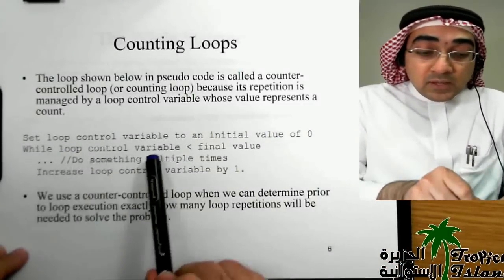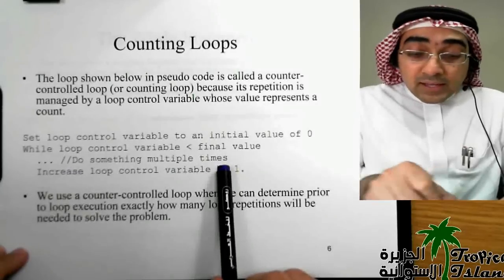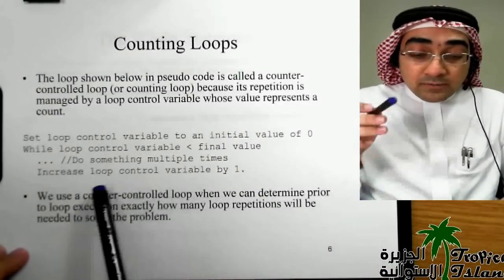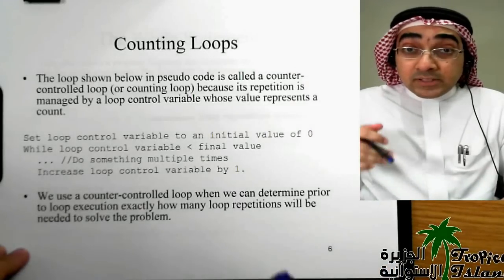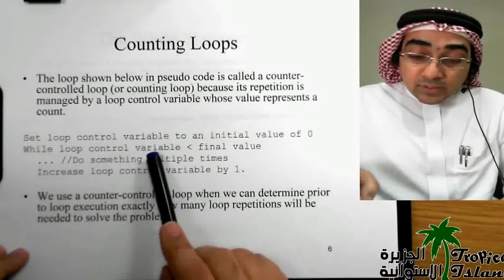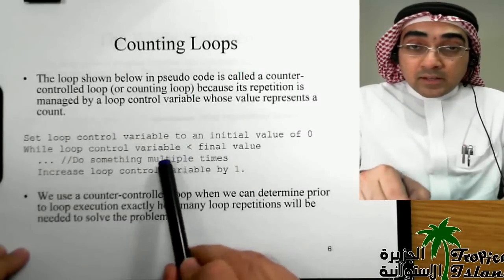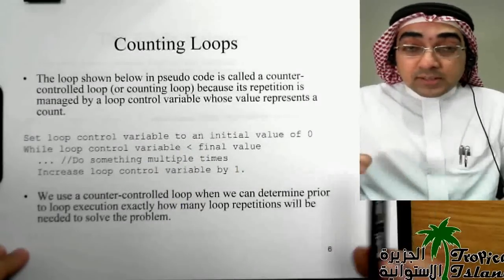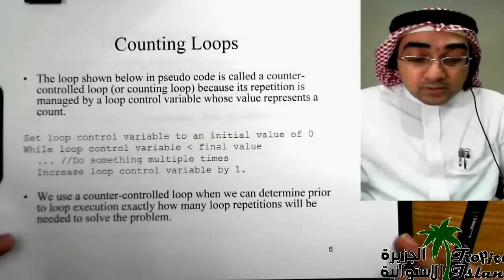Then I say while my number of students is less than 10, I do something over here and add to a variable that I declare, then I increment the number of students by 1. Because I have already taken 1, I increment it by 1 and go again, do something with the second student's grade, then increment the value again, and keep doing it until I reach 10 students. When I reach 10 students, this condition becomes false, so it jumps out of the loop.